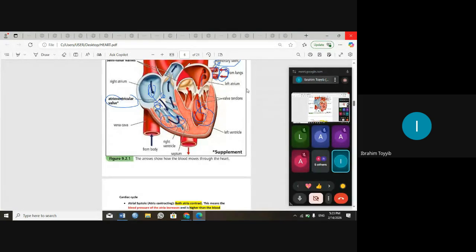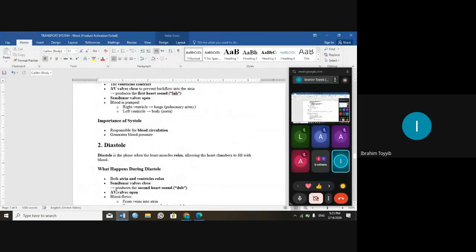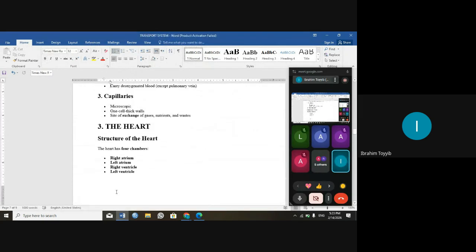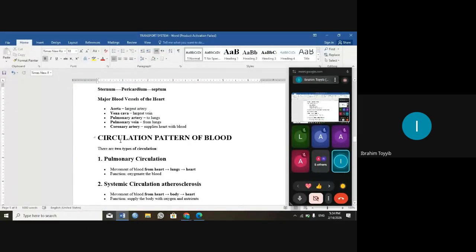And the heart is covered by pericardium, a muscular wall which is called pericardium. So I wrote sternum, that's breastbone, pericardium, which covers the heart, and septum, which separates the two parts of the heart.